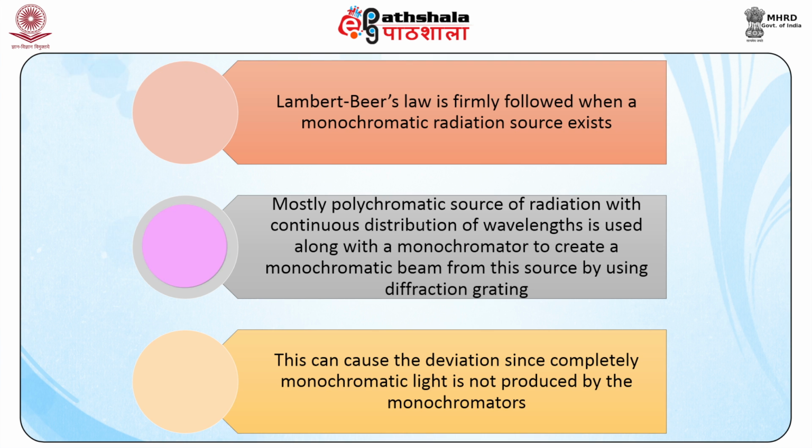Mostly monochromatic source of radiation with continuous distribution of wavelengths is used along with a monochromator to create a monochromatic beam from this source by using diffraction grating. This can cause the deviation since completely monochromatic light is not produced by the monochromators.